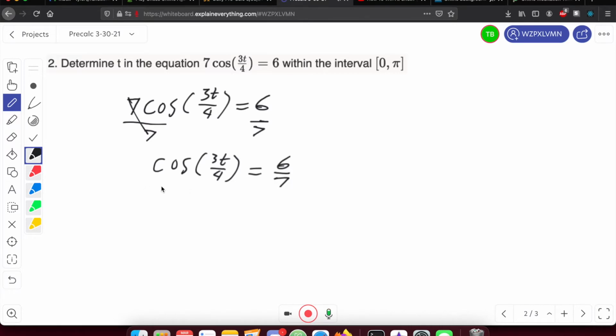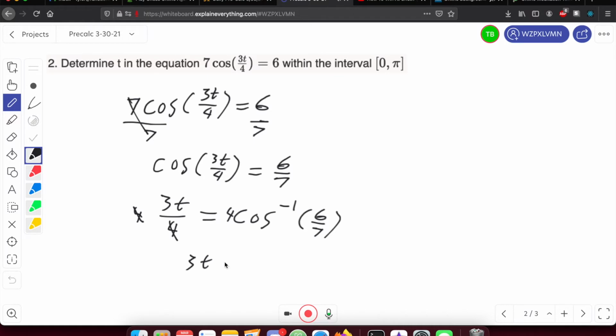Now, the trickiest part of the problem comes in. We're going to take the inverse cosine of both sides so that the cosine cancels out. So once we do that, we'll be left with 3t over 4 is equal to the inverse cosine of 6 over 7. Now we're going to multiply both sides by 4, and that'll cancel out the 4 in the denominator.